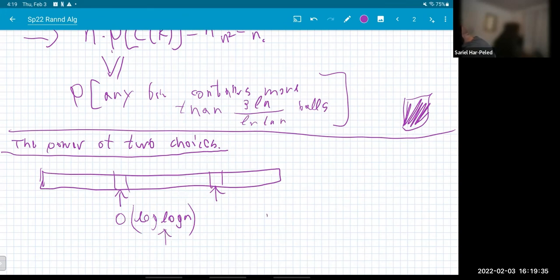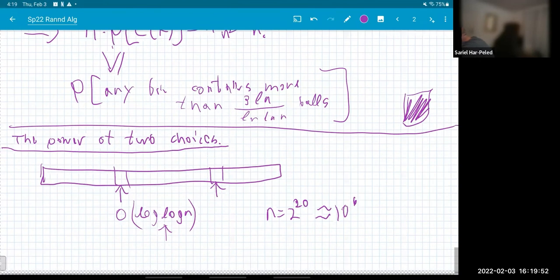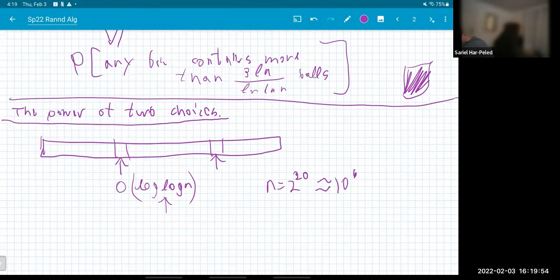Why is it a dramatic improvement? Think about n equal to something like 2 to the 20, which is just a complicated way of writing 10 to the 6 roughly, right? It's a million, right? So what is log n? Log n is going to be roughly 20, right?